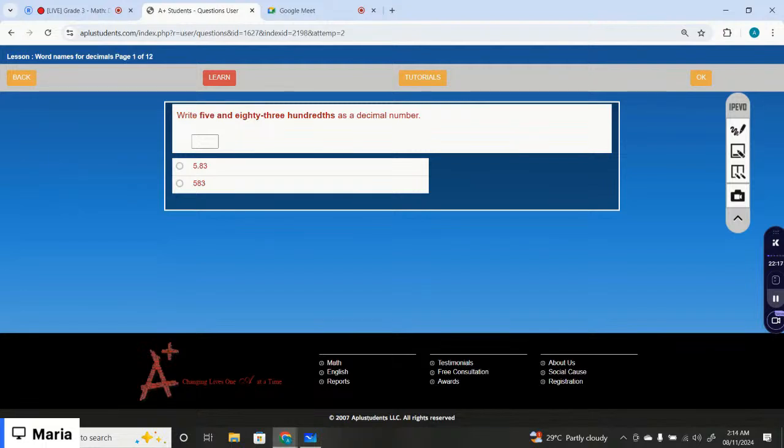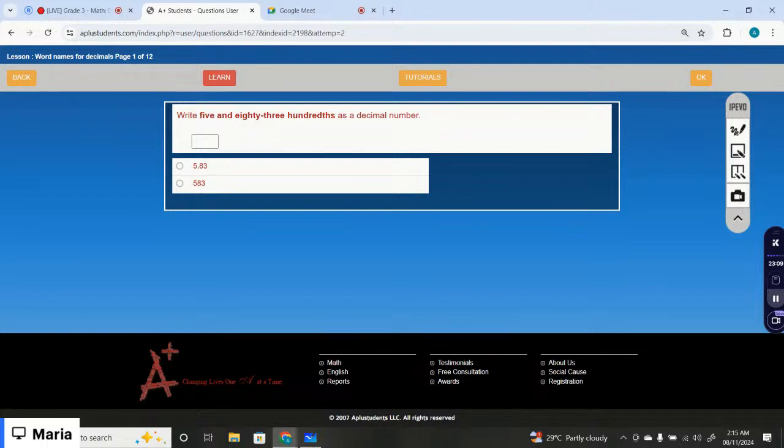So which is the correct option? 5 and 83 hundredths, 83 hundredths means that is the number after the decimal point.